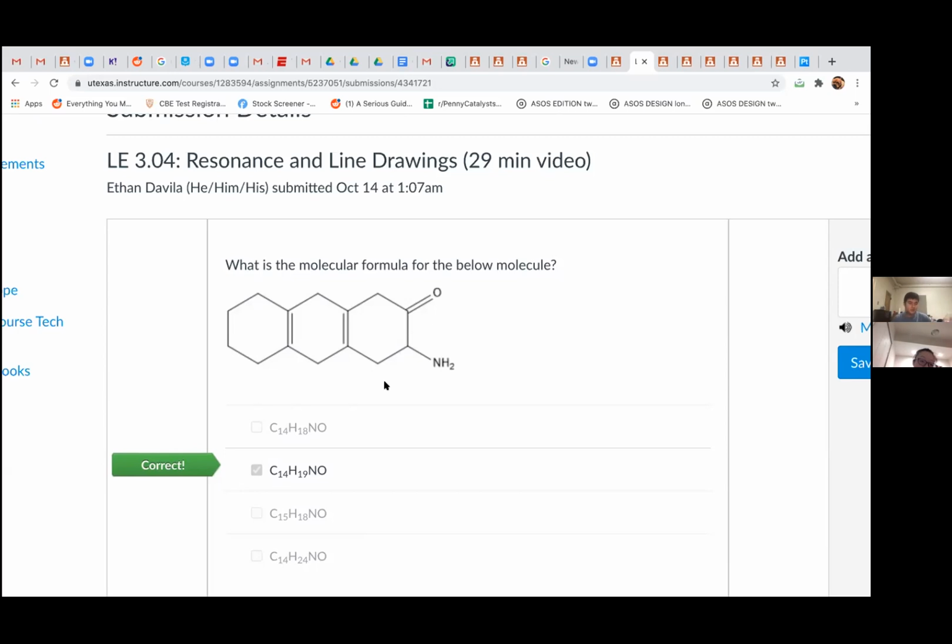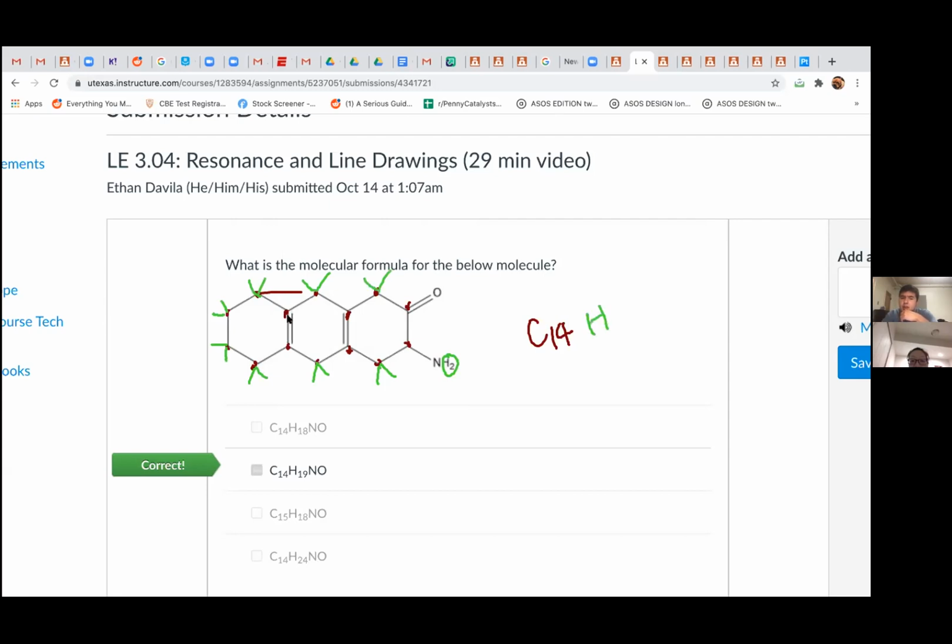How many carbons are there? 1, 2, 3, 4, 5, 6, 7, 8, 9, 10, 11, 12, 13, 14. There's 14 carbons, right? And then how many hydrogens? That's 2, 3, 4, 5, 6, 7, 8, 9, 10, 11, 12, 13, 14, 15, 16, 17, 18.